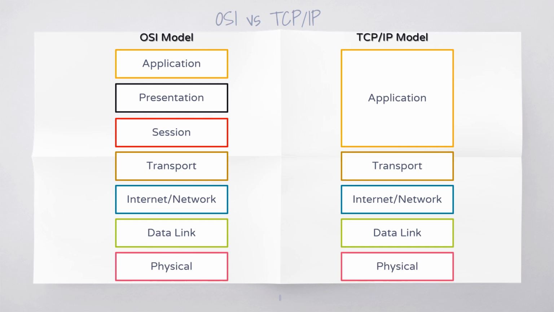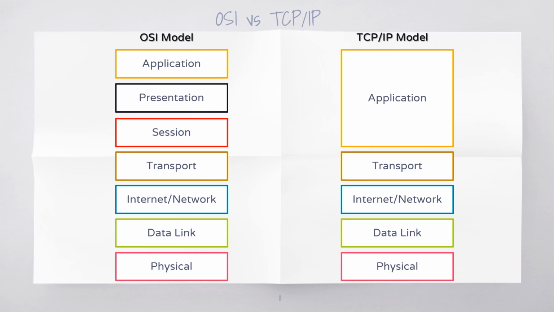In terms of performance also, when an organization tried to implement OSI, it didn't give effective performance on the internet. Because of these reasons also, the OSI model was not widely adopted. So these were the major reasons that the OSI model did not succeed in terms of its implementation.